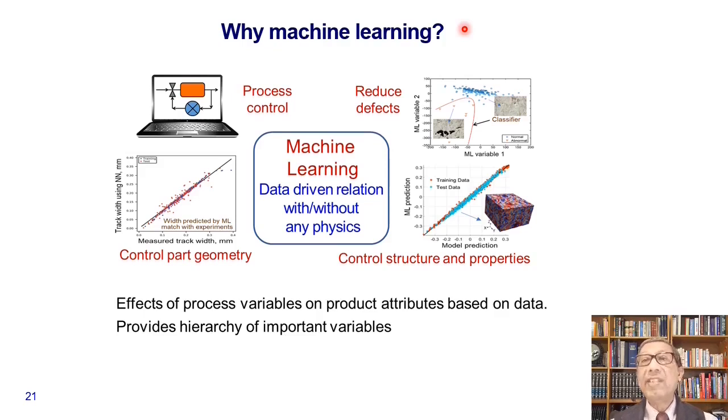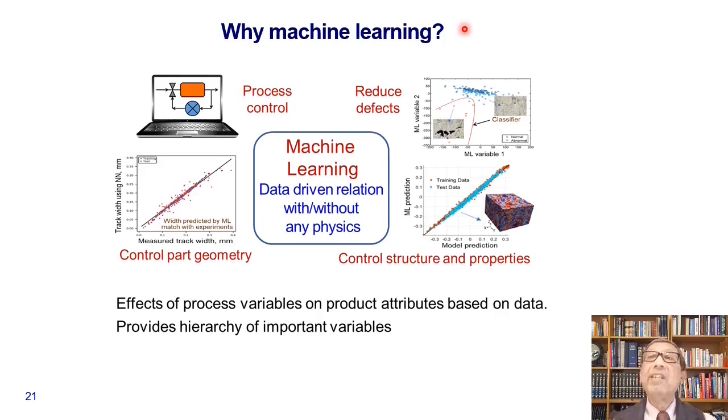In those situations, we use available data to correlate the process variables and thermophysical properties with the attributes of the product that we seek to understand better. And the framework that allows us to do that is machine learning. Machine learning also allows us to develop a hierarchy of the important variables.